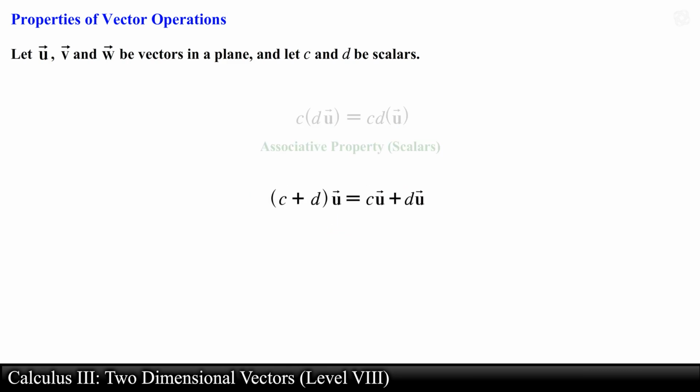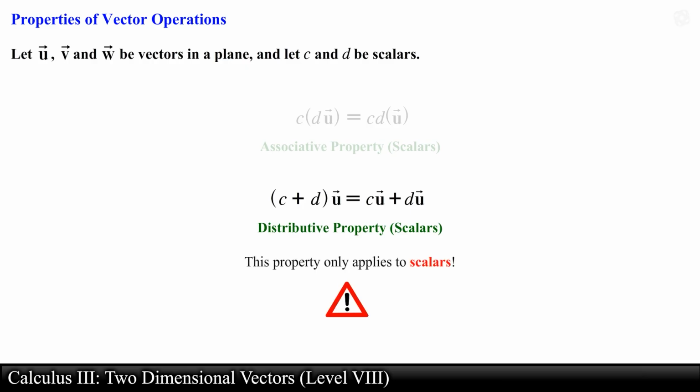The next property is the scalar quantity c plus d times vector u is equal to scalar c times vector u plus scalar d times vector u. In this property, the vector is following the distributive property of real numbers. Once again, notice that this property is applied to scalar quantities and not vectors.